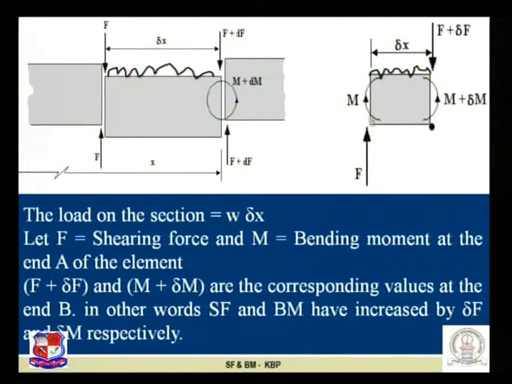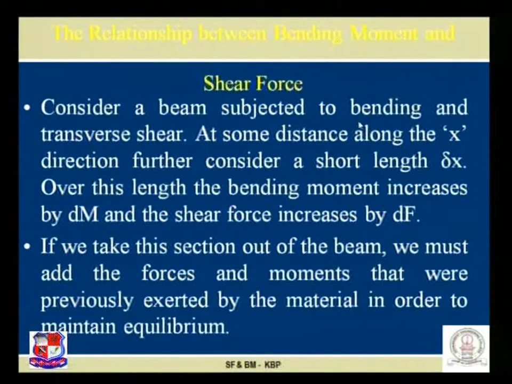If M is the moment acting at section A, then M plus delta M is the bending moment acting on section B. If we take this section out of the beam, we must add the forces and moments previously exerted by the material in order to maintain equilibrium.